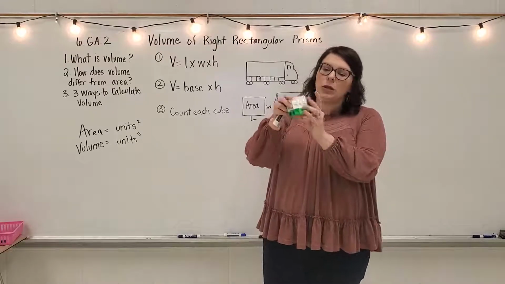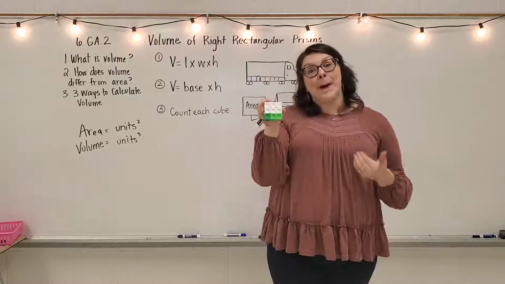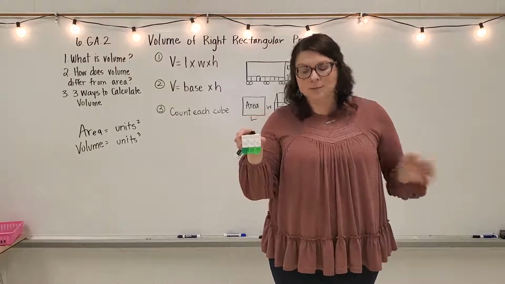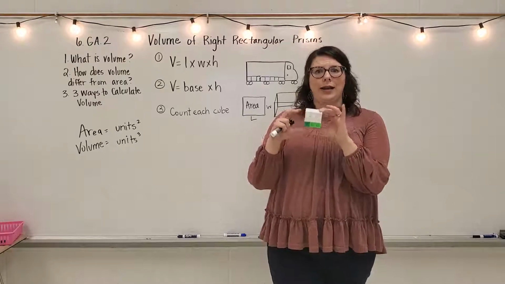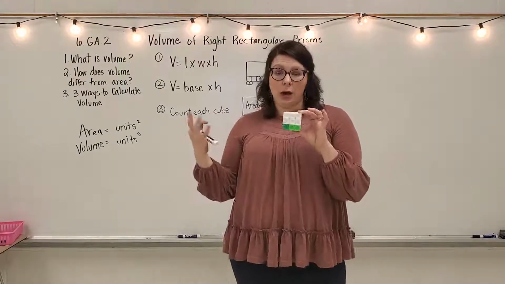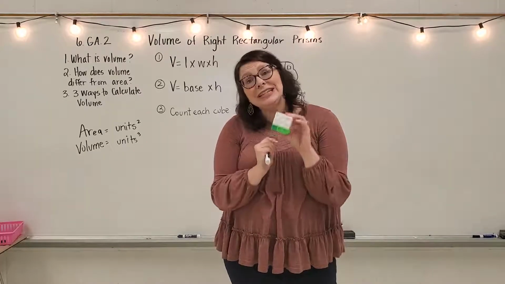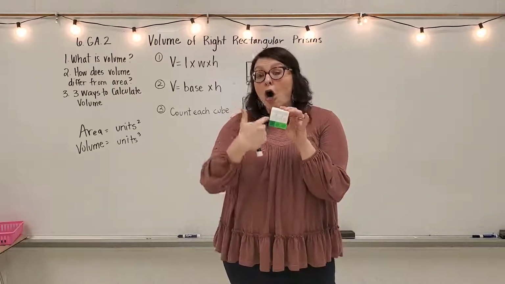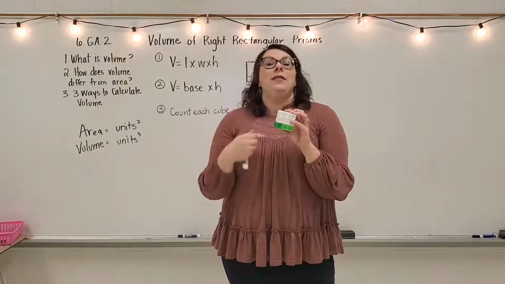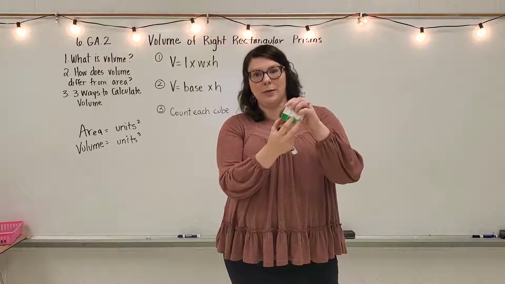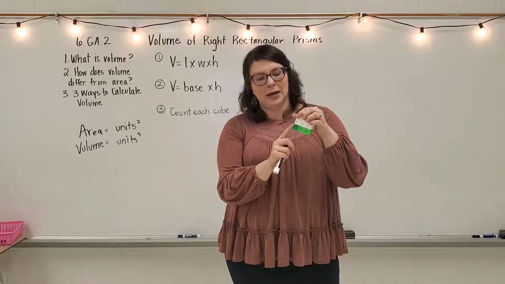So for example, if you'll look at this cube with me, when I think about base, I think about the bottom or the foundation. If this were an example of a 3-story home, the green part would be the bottom floor. And if I just counted the bottom floor and all the floors were the same, then I could just multiply by how many floors there are. So if I said, okay, what is my base? 1, 2, 3 times 2.